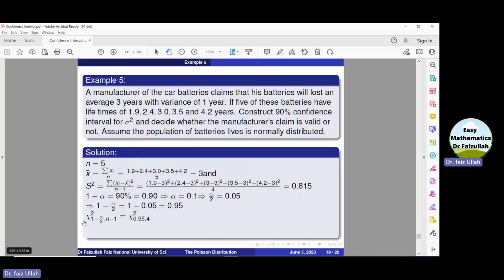Now, by using the chi-square distribution table, we can obtain the value of chi-square 0.95, comma 4, which is 0.711. I will show you this value at the end. Similarly, the value of chi-square alpha by 2, comma n minus 1 is 9.488.